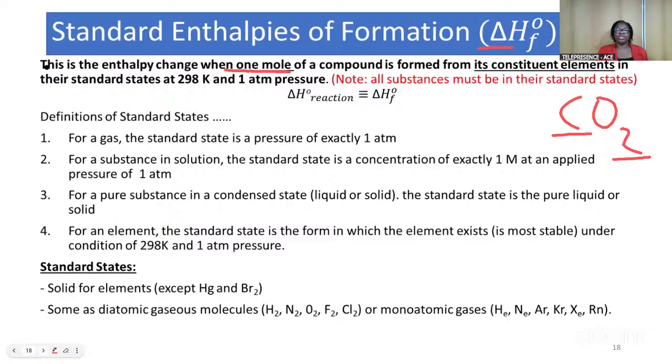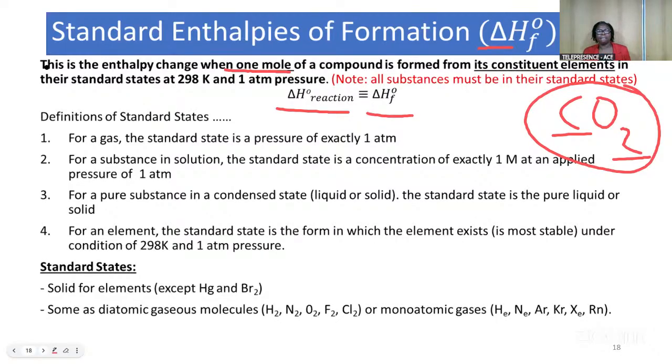When you have that condition, for the reaction that leads to the formation of any substance, 1 mole of that substance is formed. Then the enthalpy of reaction can be expressed as enthalpy of formation. But don't forget, these are standard conditions. So the standard enthalpy of reaction will be the same as the standard enthalpy of formation.